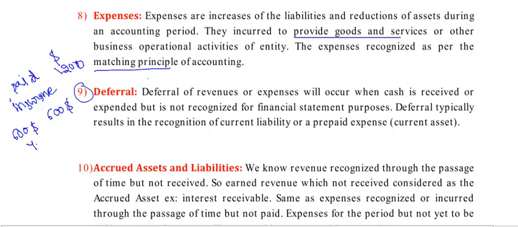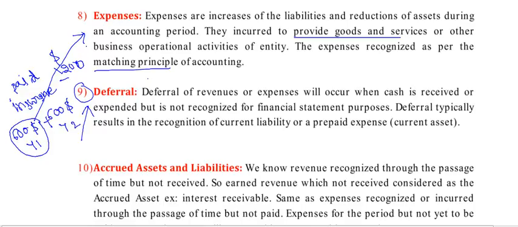So year 1, year 2. You paid both amounts, 1200, in the same year. So this is your real expense, and the remaining 600 that you paid in advance is a deferral.